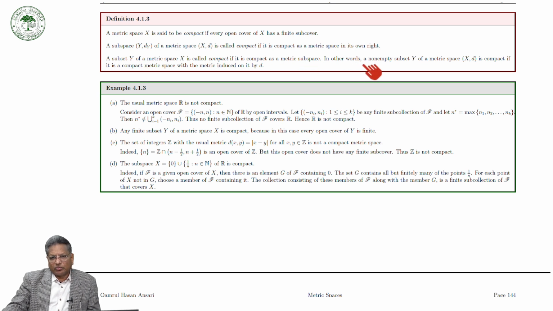In other words, a non-empty subset Y of a metric space (X, d) is compact if it is a compact metric space with the metric induced on it by d.